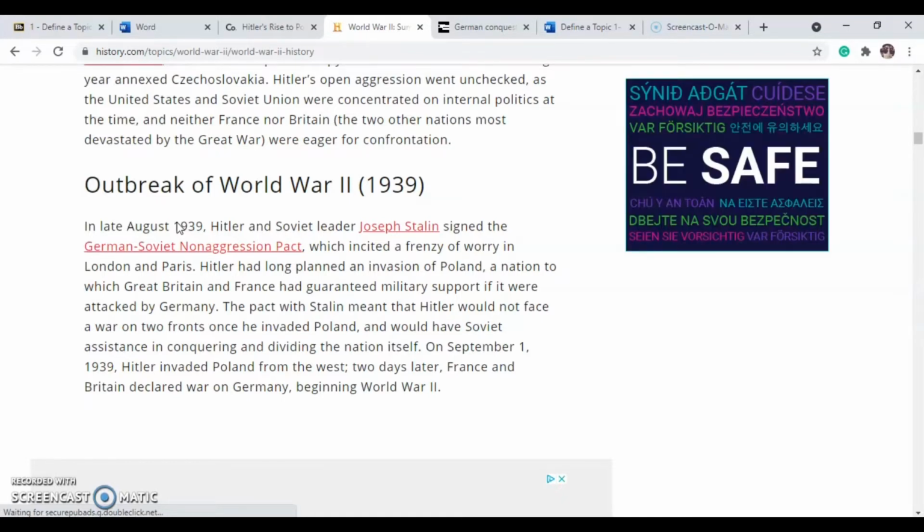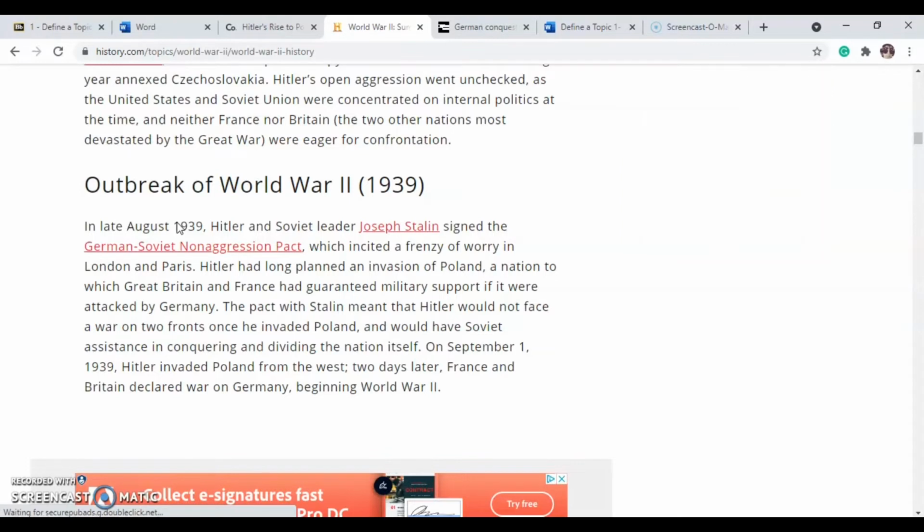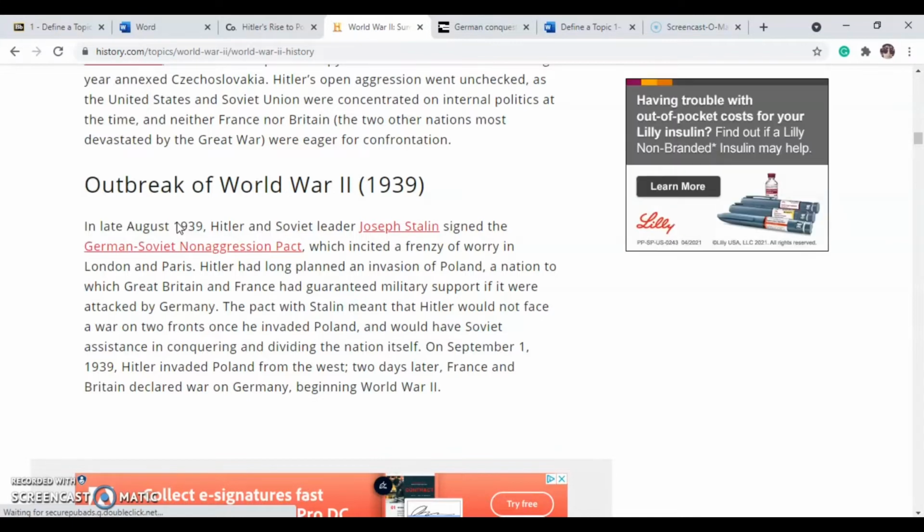Well, in late 1939, Hitler and the Soviet Union leader Joseph Stalin, which is another bad person, joined forces and signed the German-Soviet Non-Aggression Pact, which worried Great Britain and the country of France, not the state, the country of France, even more.